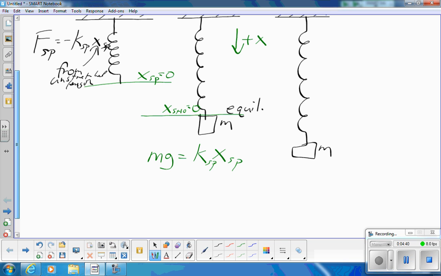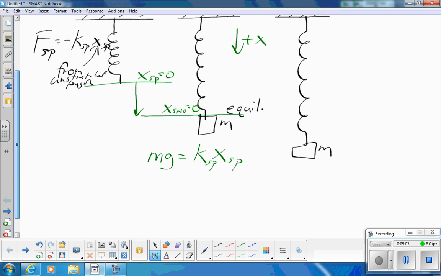So in other words, that x is how far the spring has stretched from the position where there's nothing on it, and I'm going to indicate that here. And this value of x SPA is actually a fixed value for this mass because it's how far this particular mass stretches the spring. And so I want to give this a name that doesn't make it look like a variable.